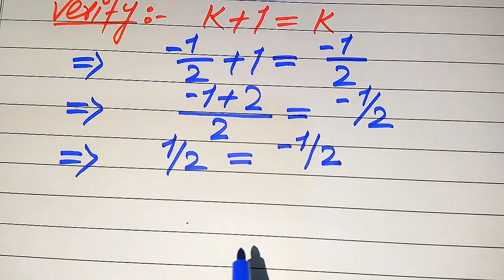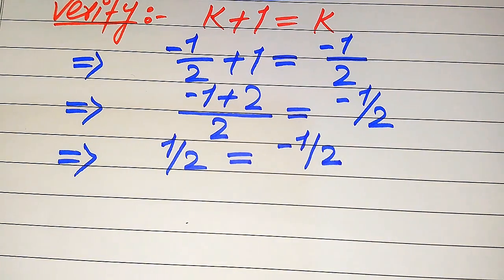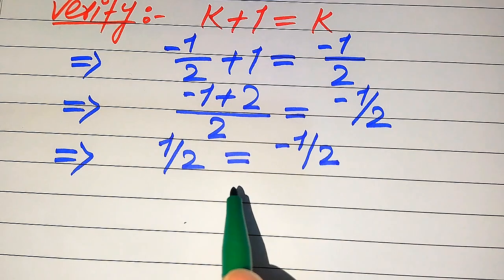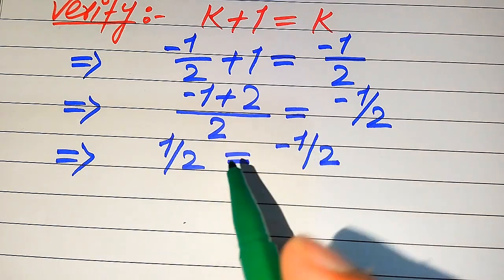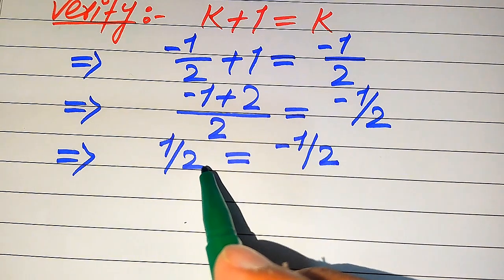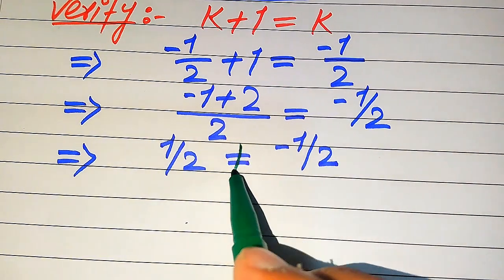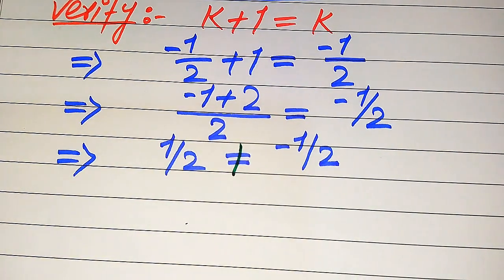So you see that in the left hand side we have plus 1 over 2, and in the right hand side we have minus 1 over 2, and both of the sides are not equal, because on one side is a positive value and on the other side is a negative value, and positive and negative values are not equal to each other.